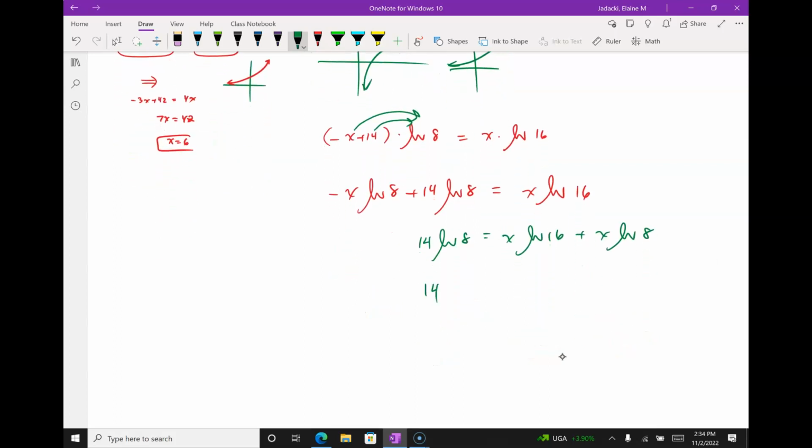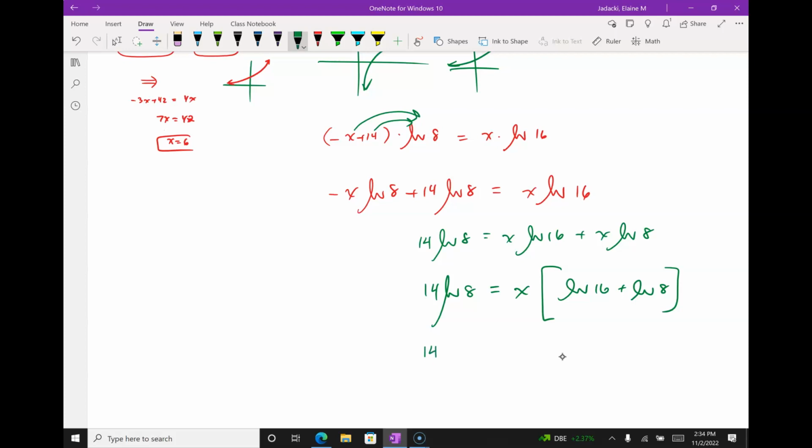On the right-hand side now, I'm going to factor. So I get ln of 16 plus ln of 8. How are we doing? I can solve for x by dividing by this ln of 16. Oh, I can combine those first.